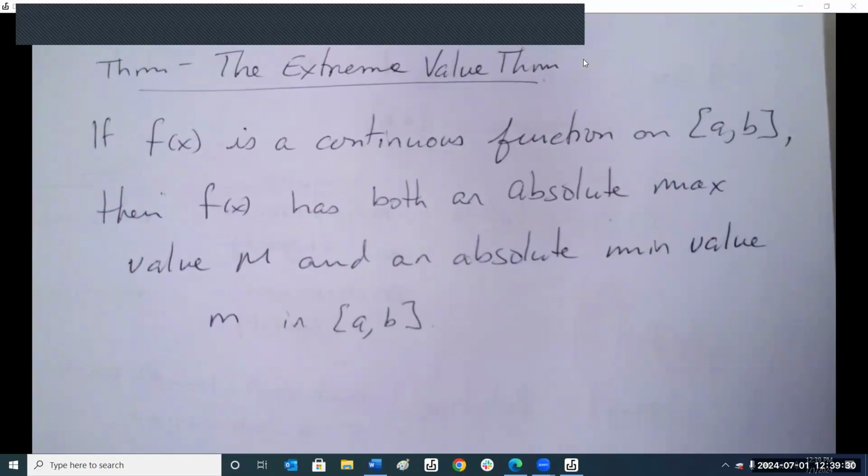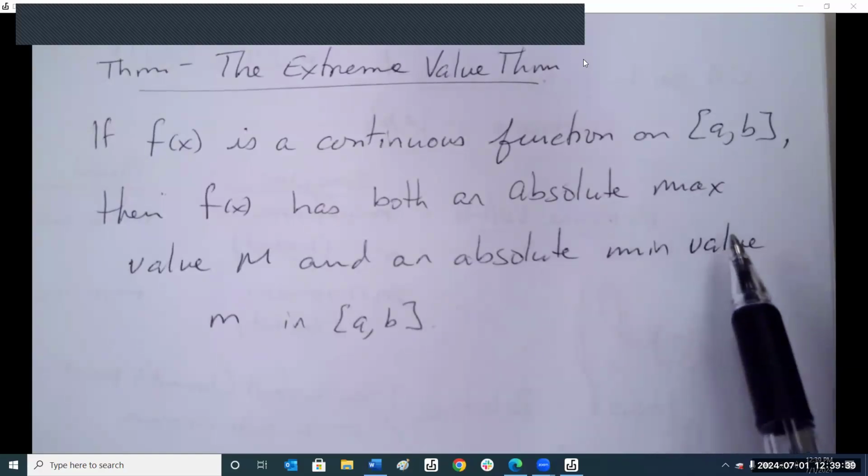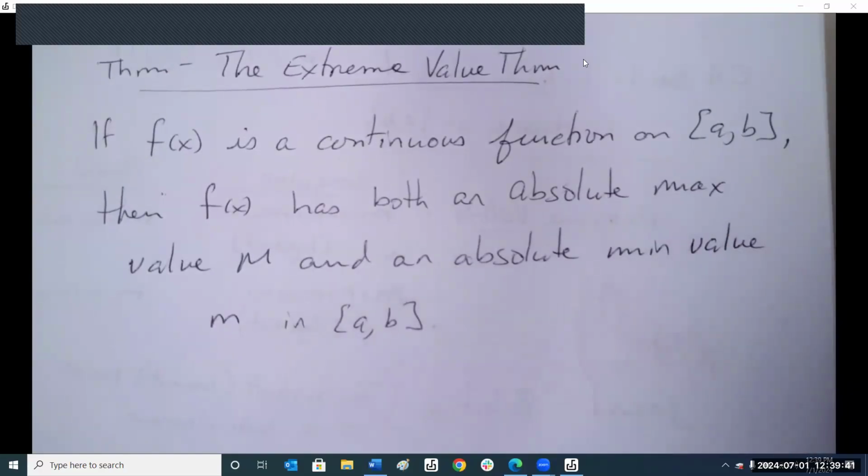So if f is a continuous function on [a, b], then the function has both an absolute maximum and a minimum value in that domain.